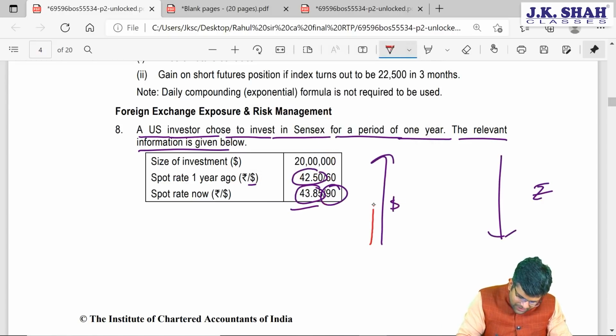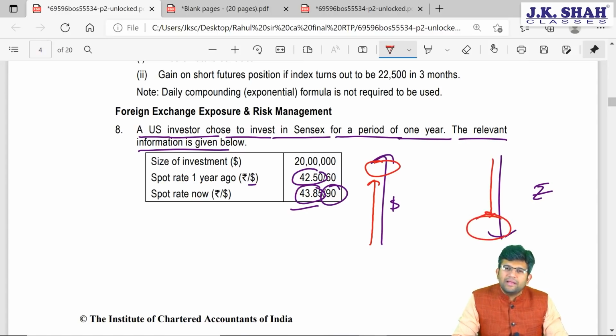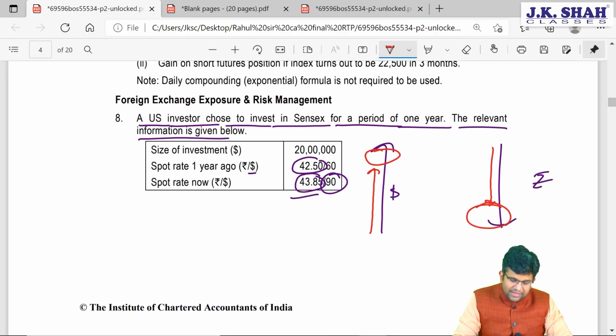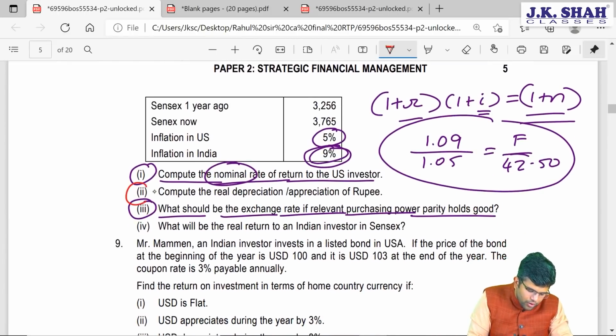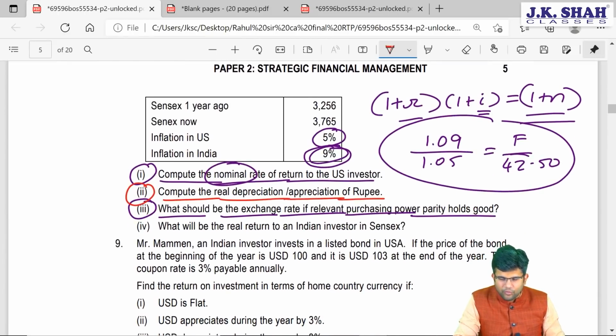Dollar has appreciated but slightly less. Everybody clear? And can I therefore say that rupee has depreciated but slightly less? Everybody clear till here? That much depreciation in rupee has not happened, which PPPT had anticipated. So now they are asking you in point number 2, compute the real appreciation of rupee.